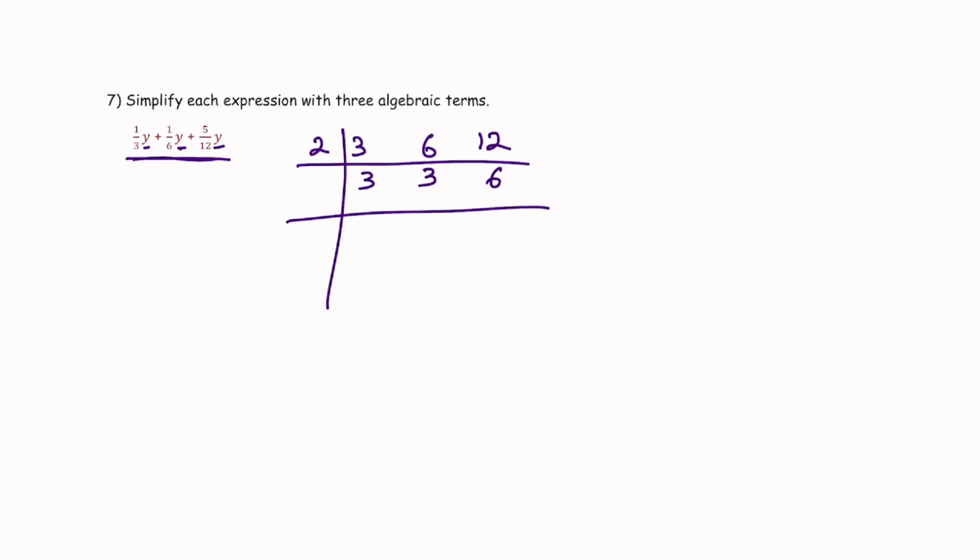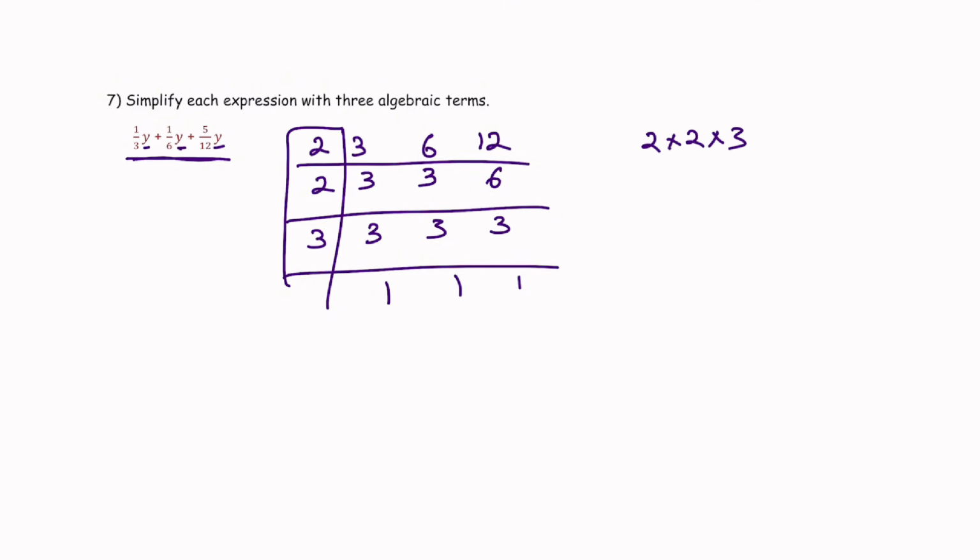Again, since I have 6 over there, it's an even number. I will go with 2. This 3 and 3 remain as they are, and 2 times 3 gives me 6. All of them are 3, so I'm going to put 3 over here, and that's what it is. So this part here becomes my LCM. So that's 2 times 2 times 3. You multiply them, which is equal to 12.